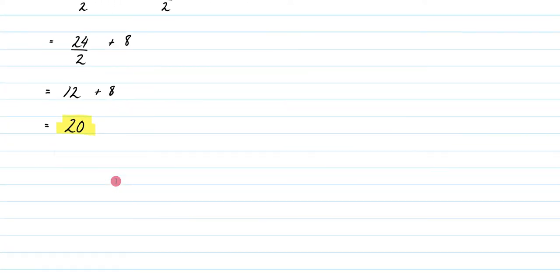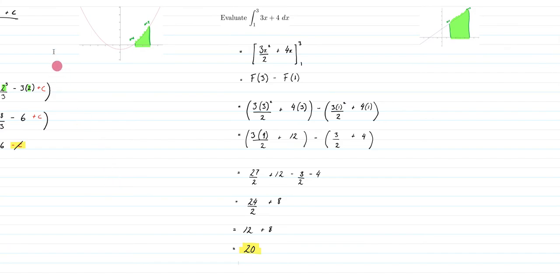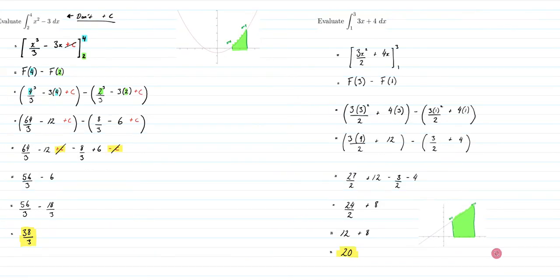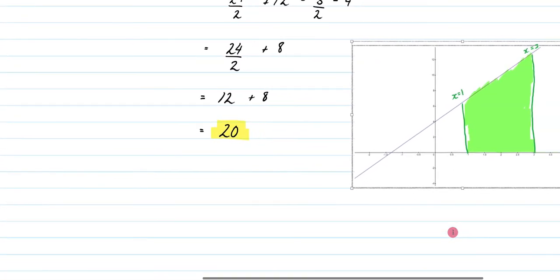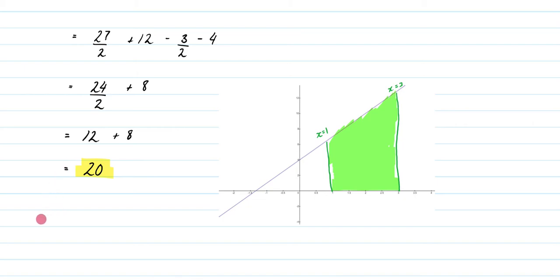So just so we're all on the same page here, let's bring down our graph and let me show you what exactly is happening. What I'm saying here is that my area is 20. Technically you could say it's 20 units, but you don't have to. That's your answer right there.